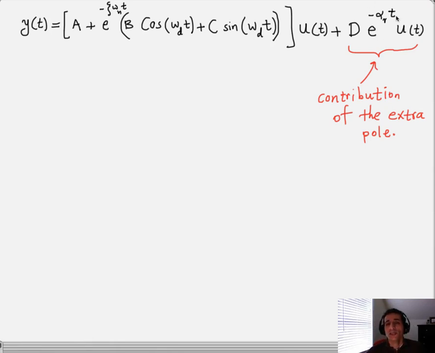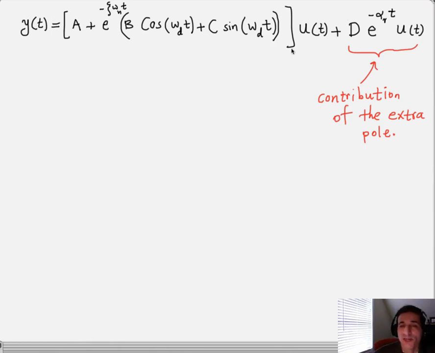In order for this part to be negligible compared to the response of the second order system, we must ensure that this part of the response dies out much more quickly compared to this part.